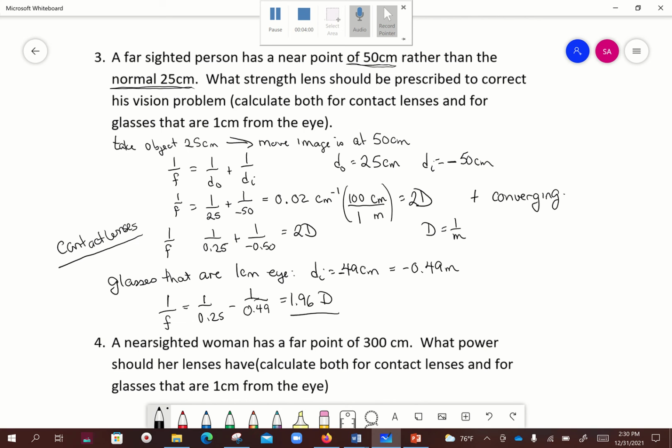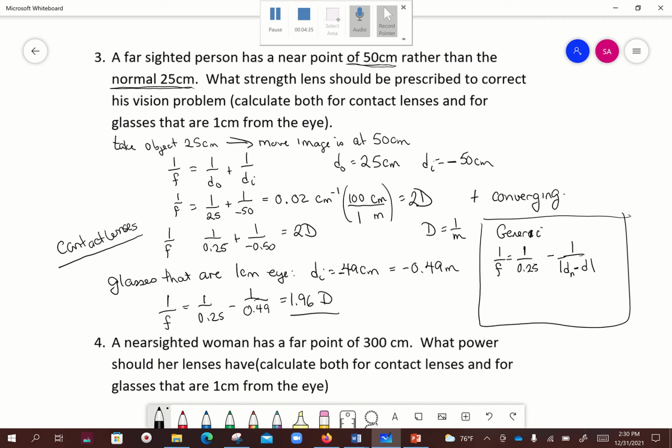diopters. So sometimes you'll see this written as a general equation, generic equation. Let me write off to the side for a far-sighted person that the prescription 1 over f is 1 over 0.25 minus 1 over the absolute value of the person's near point minus the distance between the glasses and the nose.